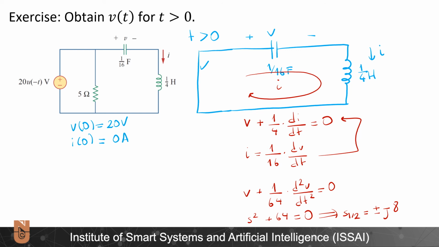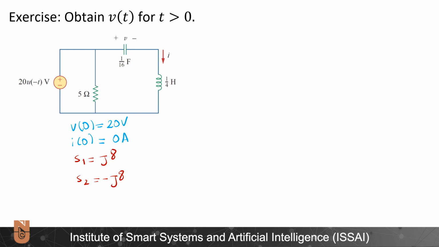Let's figure out what will be the exact equation for this circuit. So I will use a modified version of the equation for the underdamped case. Accordingly, my natural response v_n(t) will be equal to A1 times cosine 8t plus A2 times sine 8t.